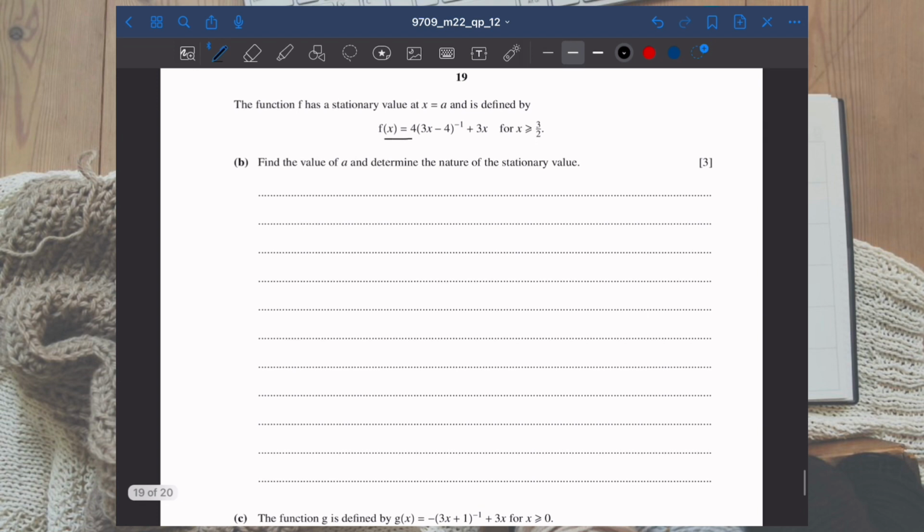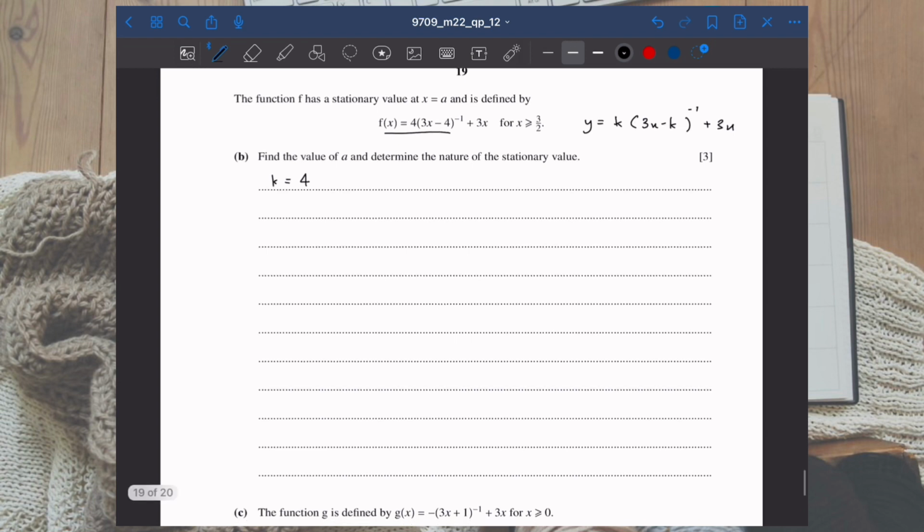If you realize, f of x is similar to our earlier equation, which is y equals k times (3x minus k) to the power of negative 1, plus 3x. So by comparison, our k for f of x is 4.